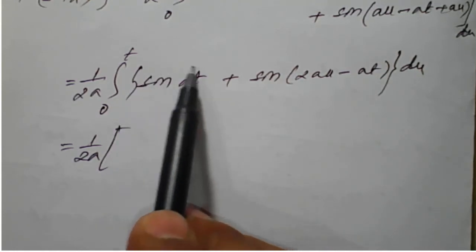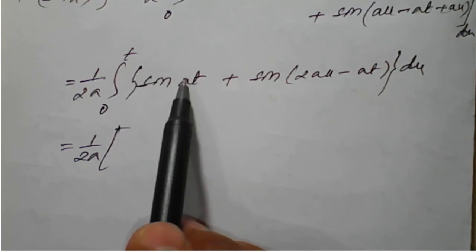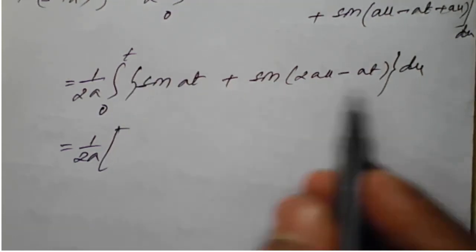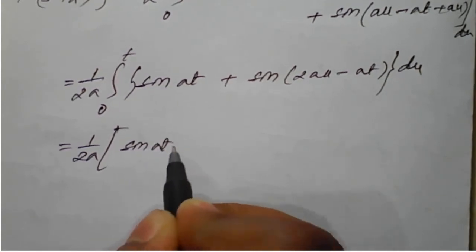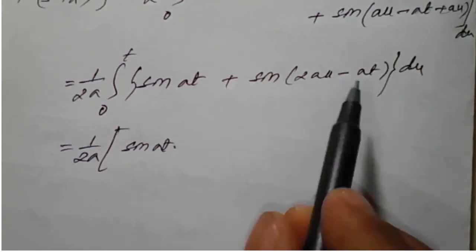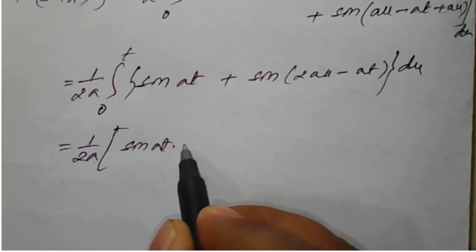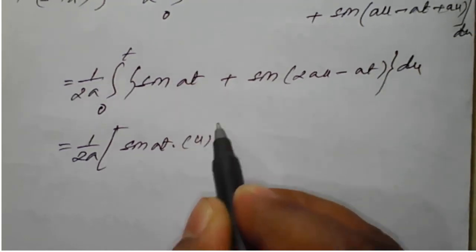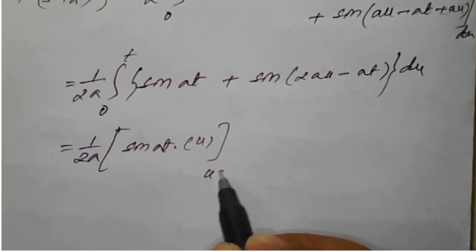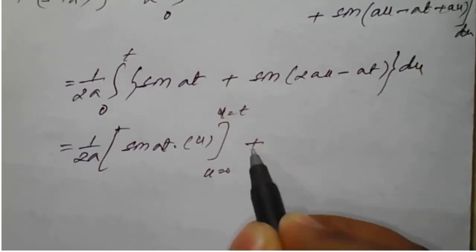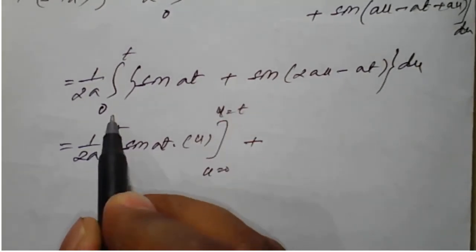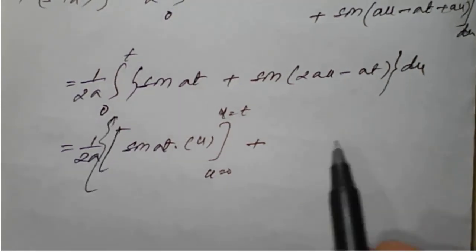So sine of at I can say is purely constant. The integration of a constant with respect to u means I need to multiply by u, so sine of at into u, limit from u is equal to 0 to u is equal to t, plus the second term integration, so I will put a bracket here.